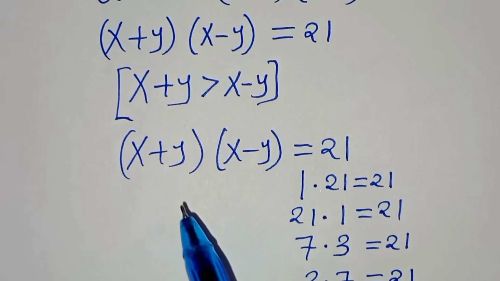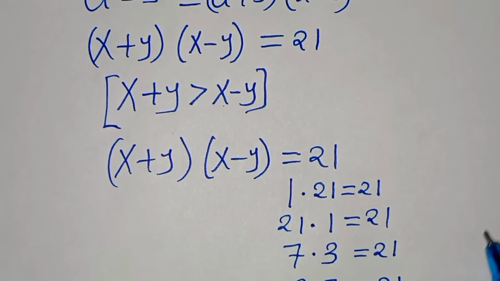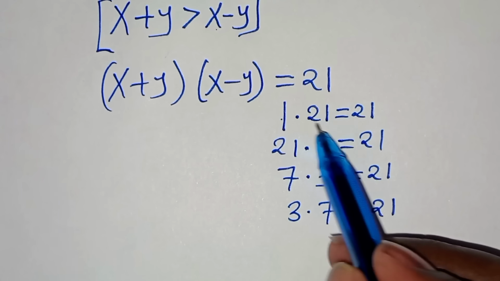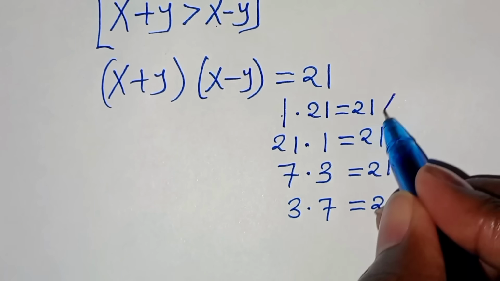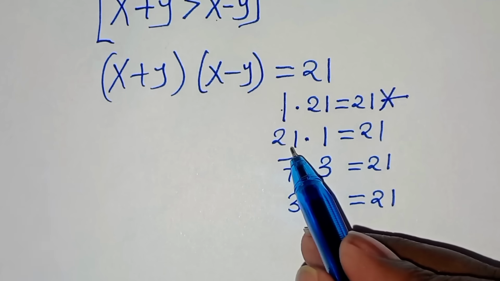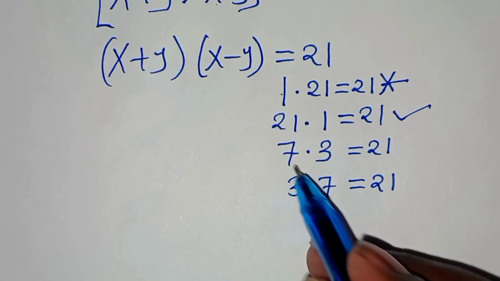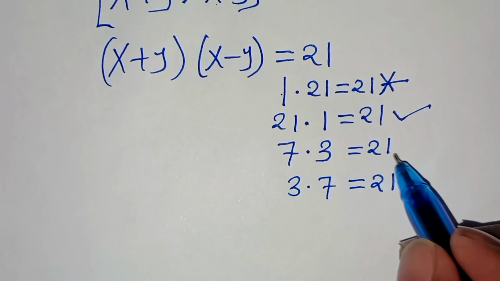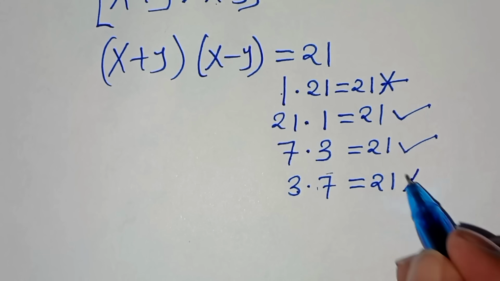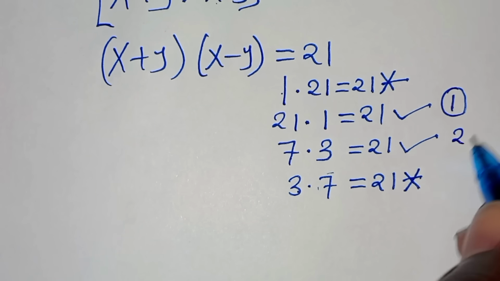We have that x plus y is greater than x minus y. In this case, 1 is less than 21, so this does not satisfy the condition and is rejected. 21 is greater than 1, so this is accepted. Then 7 is greater than 3, so this is accepted. Then 3 is less than 7, so this is rejected. So we have case 1 and case 2.